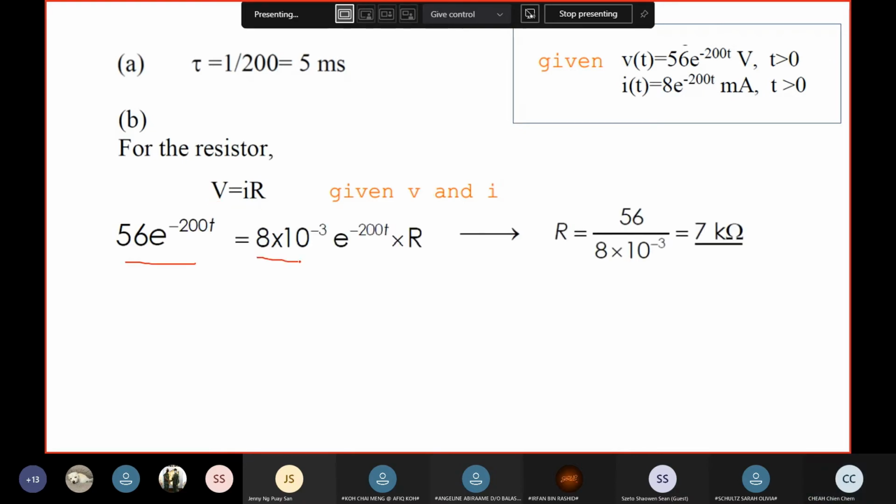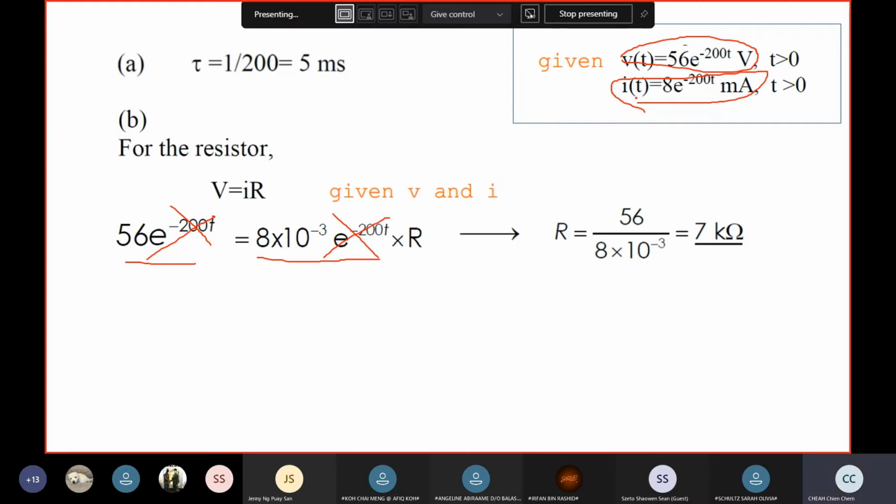The exponential term can cancel out. This gives you the resistance. It's equal to 7 kilo ohms. So as I said, we work backwards. Given the current and voltages, maybe through measurements, we want to work backwards to calculate the equivalent resistance of these circuits.